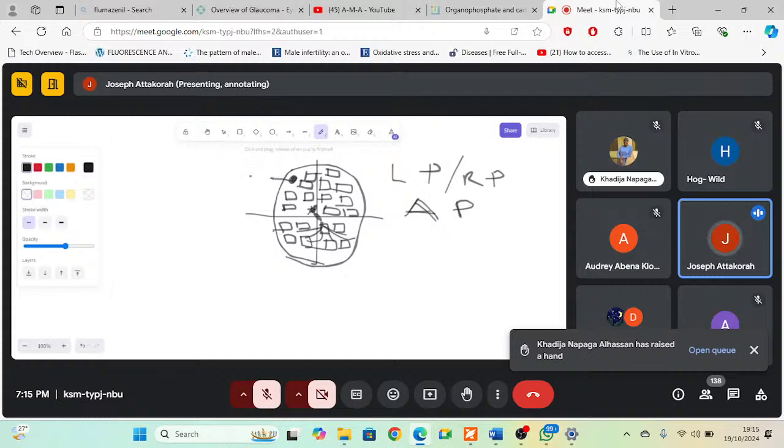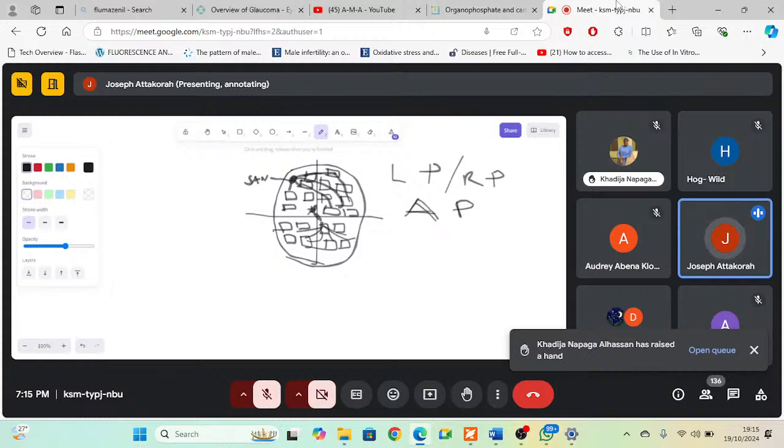This node is releasing impulses, and those impulses will be taking this line. So impulses are released from the sinoatrial node.